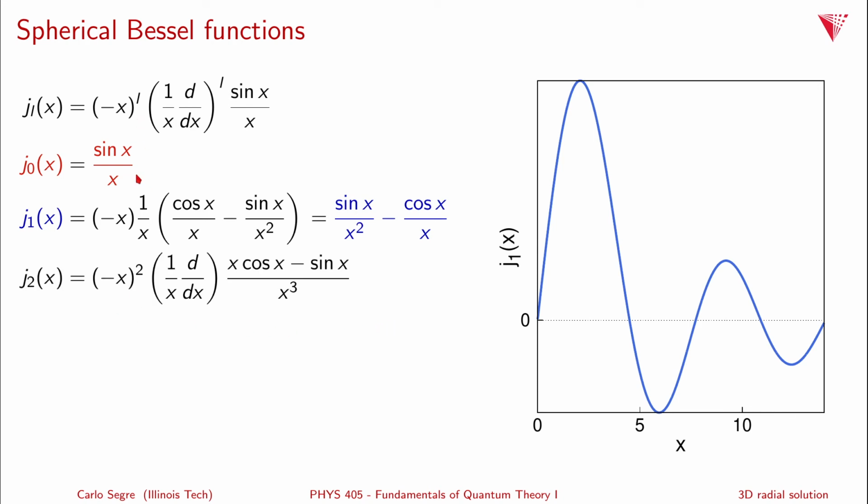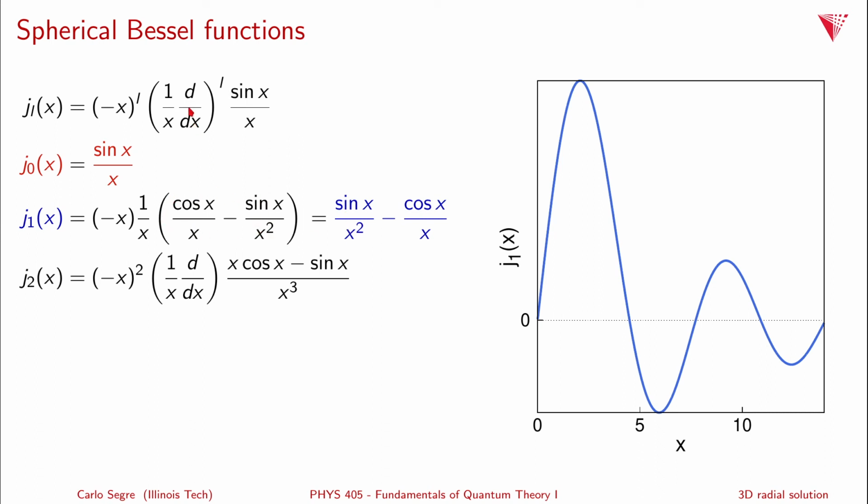j2 has minus x to the second power times 1 over x times, and this is now the second derivative applied to this function here. So I'm going to put j1, what we got for j1 after we took this derivative here.